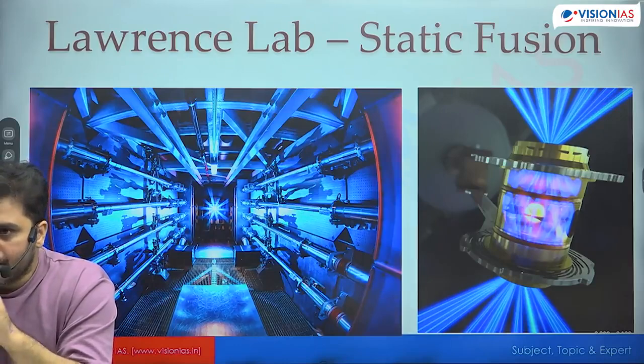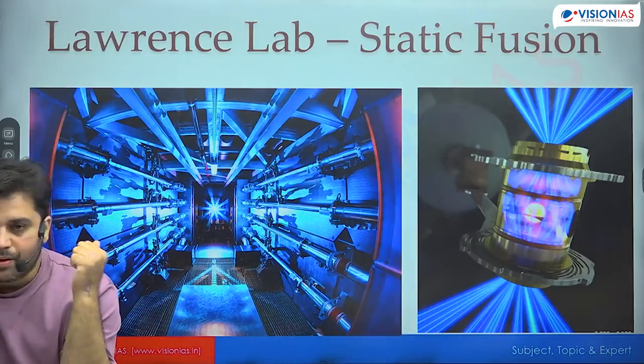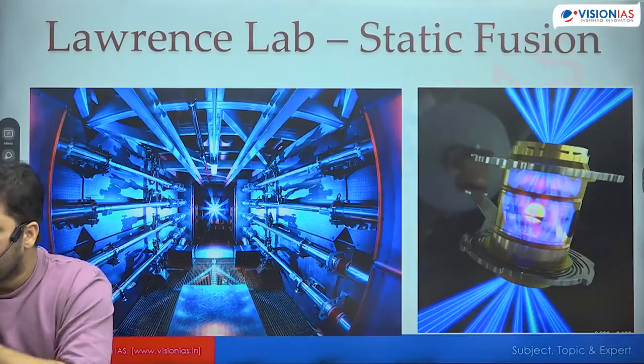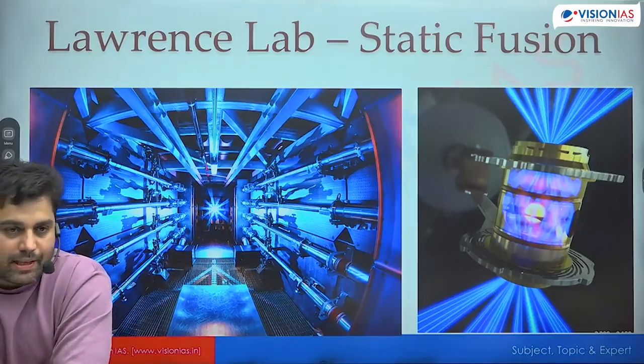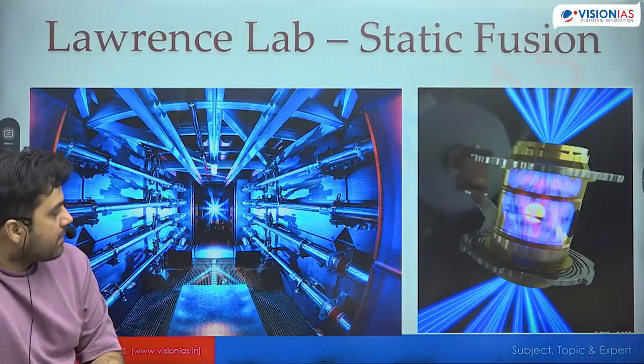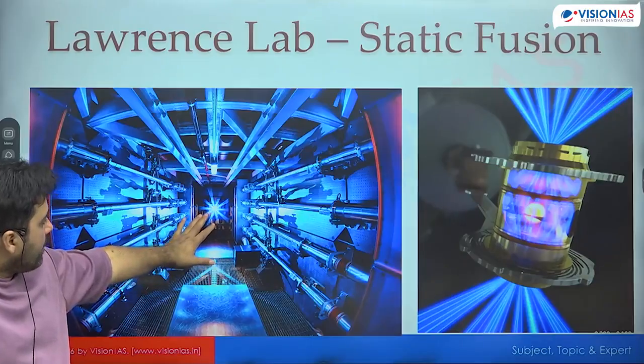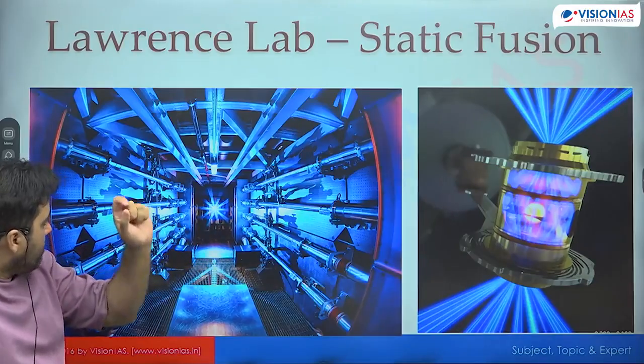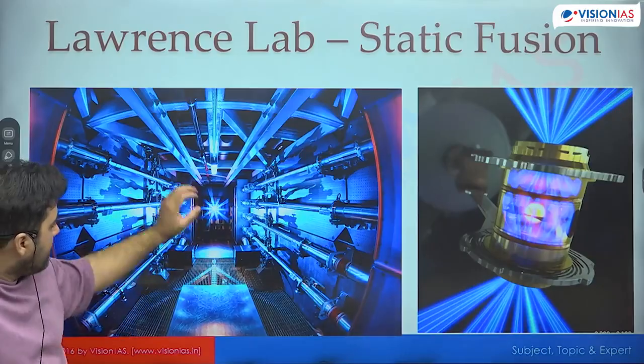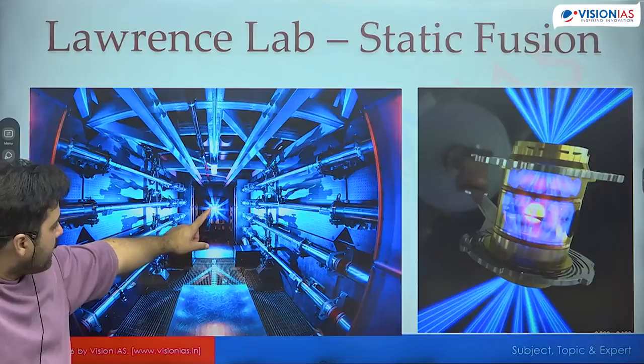The purpose of this National Ignition Facility is to successfully achieve nuclear fusion, but their design is very different. How is this design different? In a chamber, in a very small location, in a very small device, you have deuterium and tritium kept here.